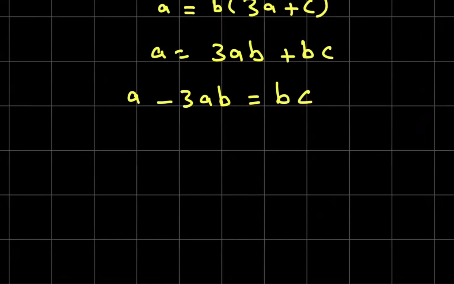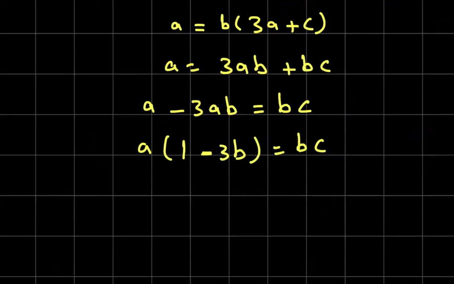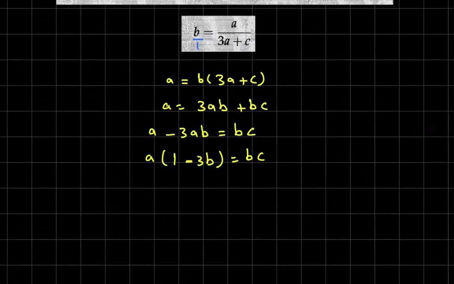To isolate a from this term and from this term, I'm going to take a as a common factor. a divided by a is 1. Negative 3ab divided by a is 3b. So a times (1 minus 3b) equals bc. Now a is multiplied by this bracket, so to cancel it we will divide both sides by how much?